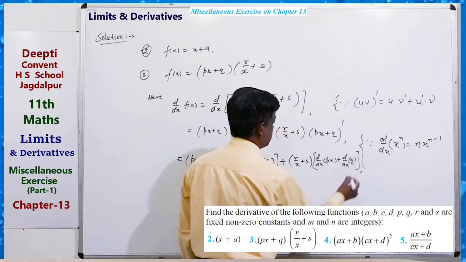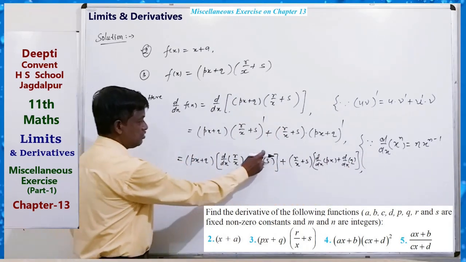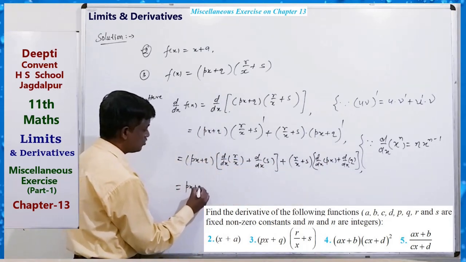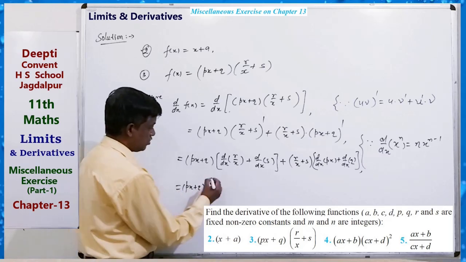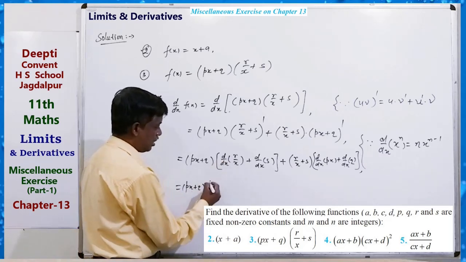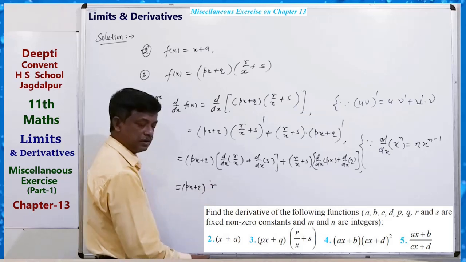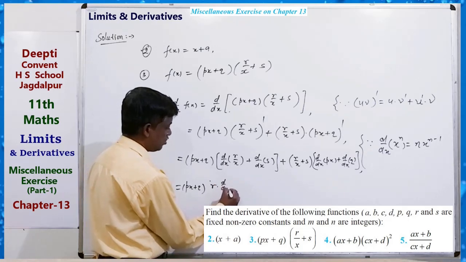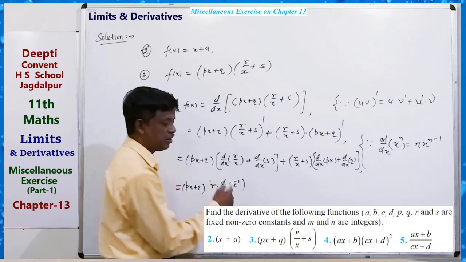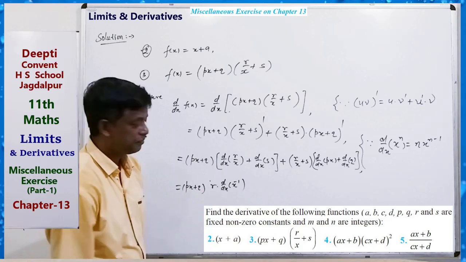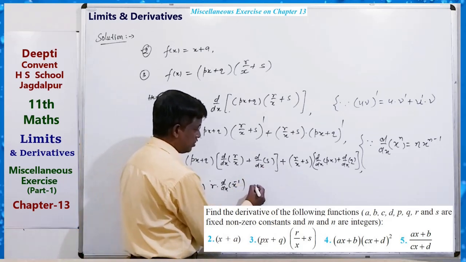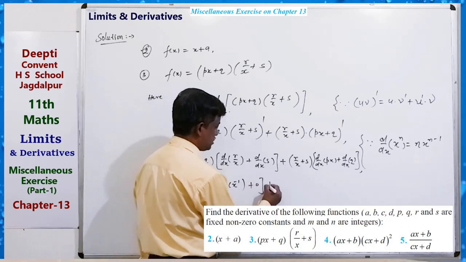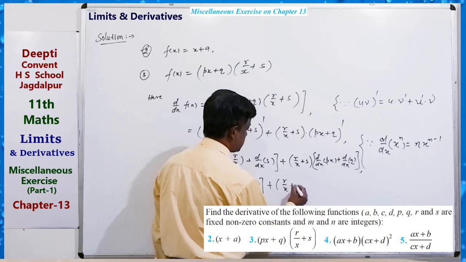Here q is constant, so this is 0. This is also 0 because s is constant. So here (px + q). Now r is constant, so r outside into d by dx of x to the power minus 1. 1 by x, we can write as x to the power minus 1. Okay, like this.